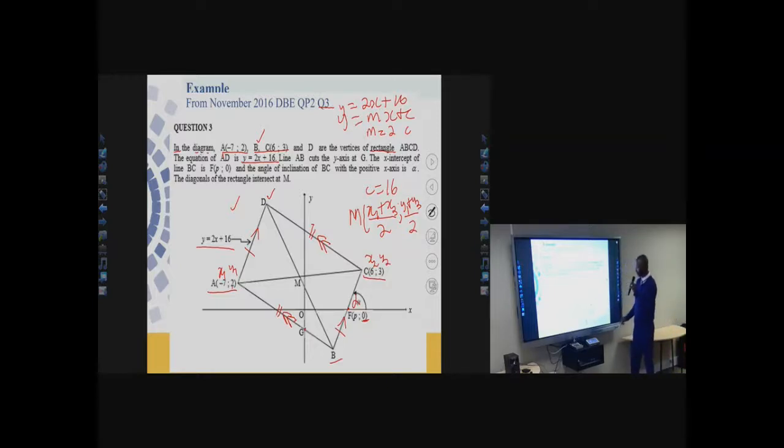Now, it goes back to collinear points because at B, there is no P. Remember, you are writing the gradient of BC in terms of P. It means the gradient of BC is equal to the gradient of CF, which means you can use the coordinates of C and the coordinates of F, right? It's 6 and 3 and P and 0.